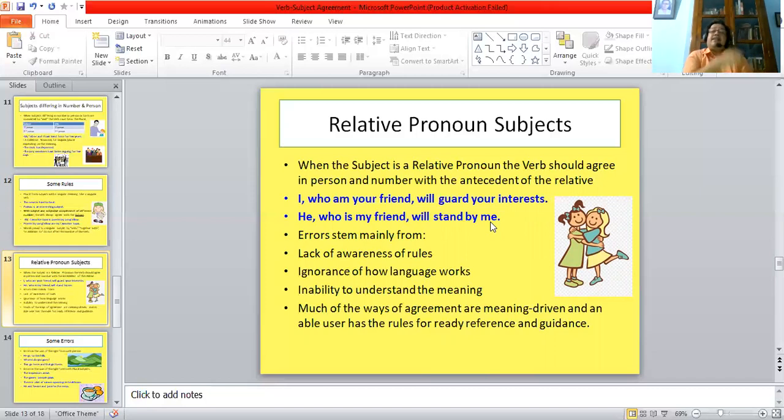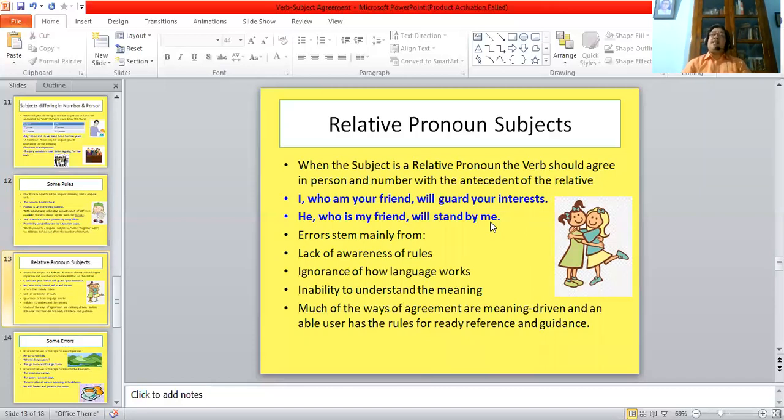Now, the errors in the use of these cases would stem mainly from lack of awareness about the rules we have been considering so far, or ignorance about how language works, or basically an inability to understand the meaning.